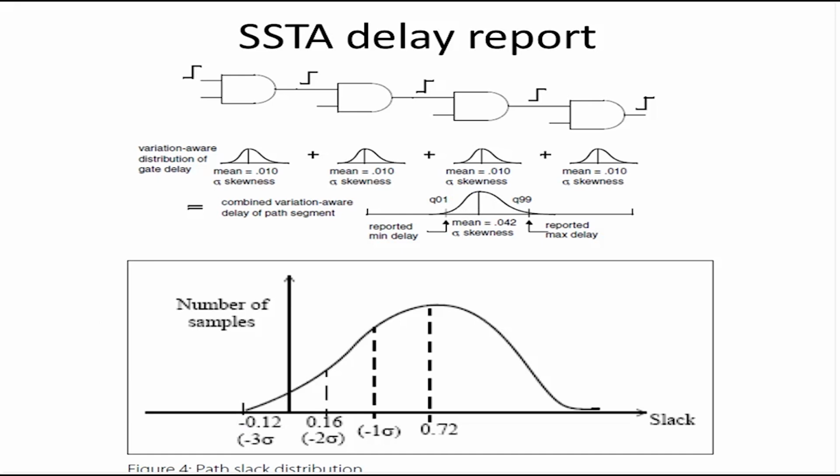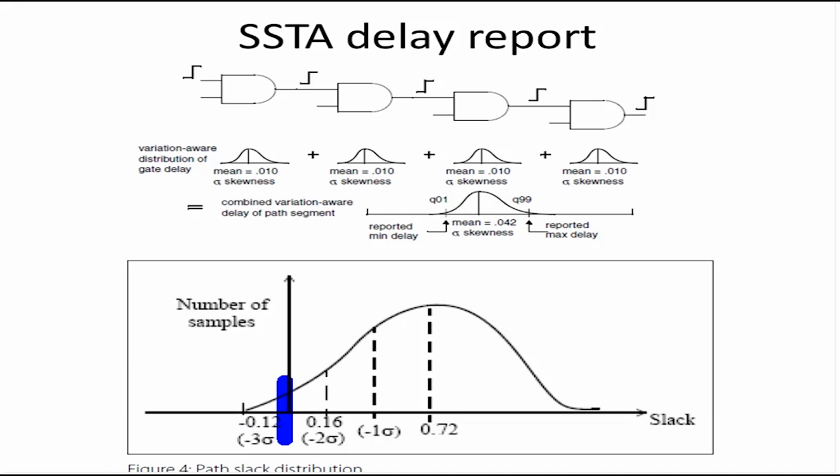So this is where SSTA differs. It gives the yield numbers in terms of sigma value. So here what is the yield? The yield is somewhere between -2 sigma and -3 sigma, somewhere between 95% and 99%. So for every path, it tells us what is the sigma, what is the mean.